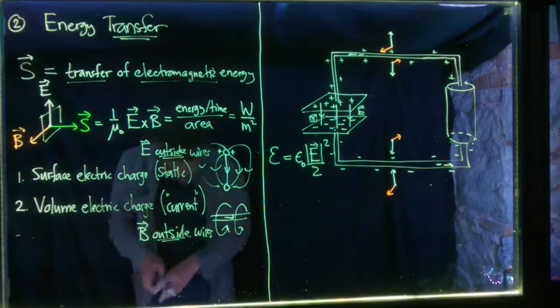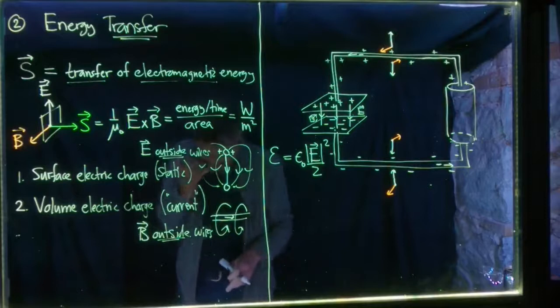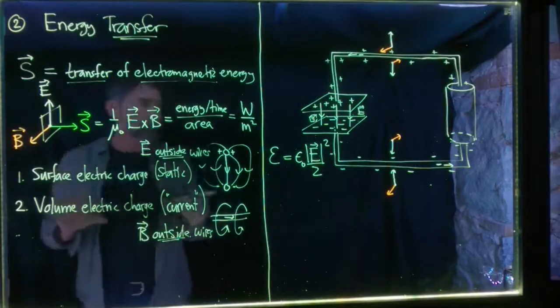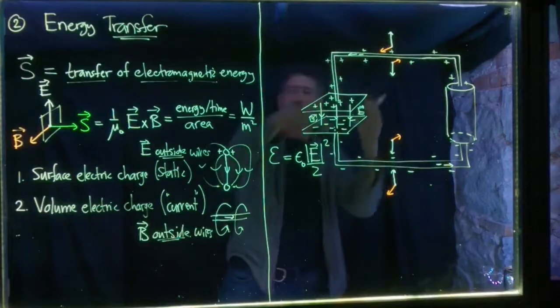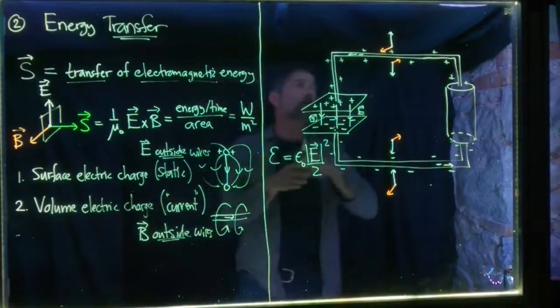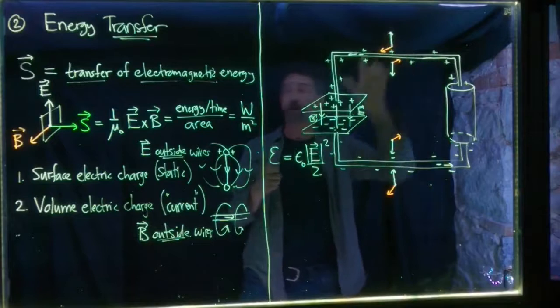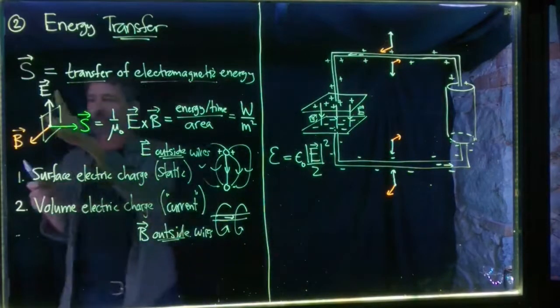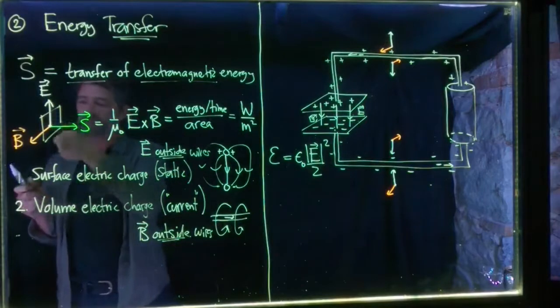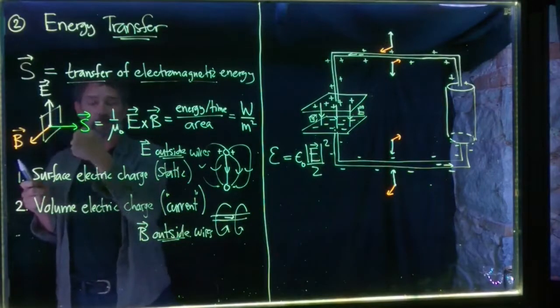Okay, so now in the space surrounding these wires, we have electric and magnetic fields that are actually in perpendicular directions. So this situation is exactly like this: the electric field is up in this direction. This magnetic field is coming out at the board towards me.